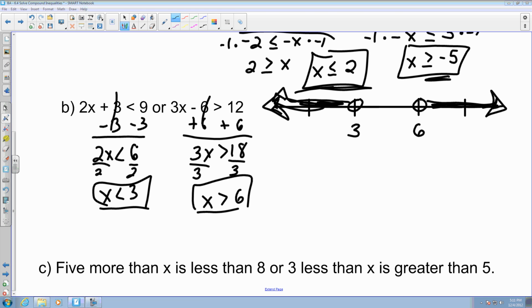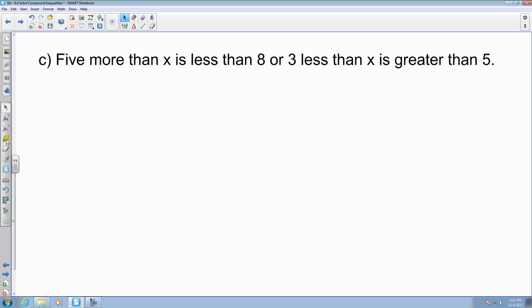Last one's a story problem. So the story problem is I have 5 more than x is less than 8, or 3 less than x is greater than 5.